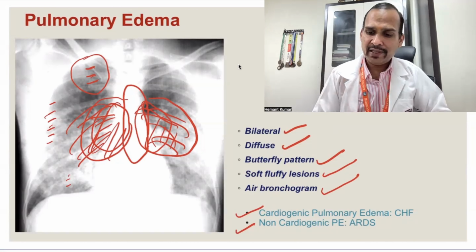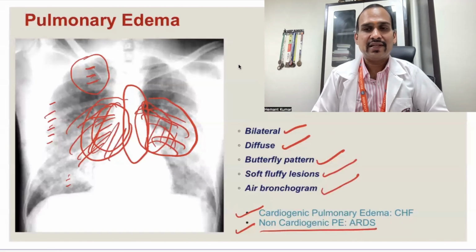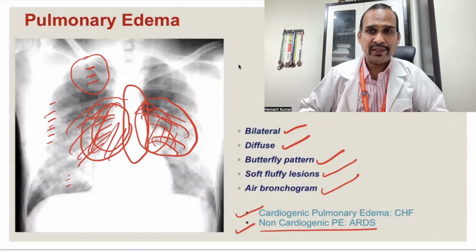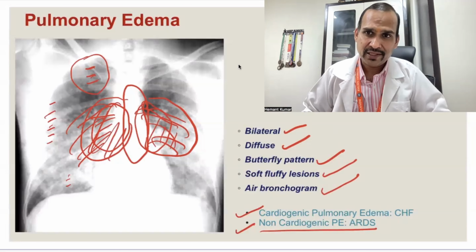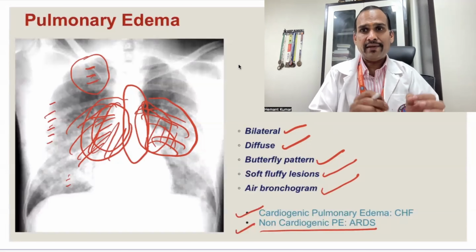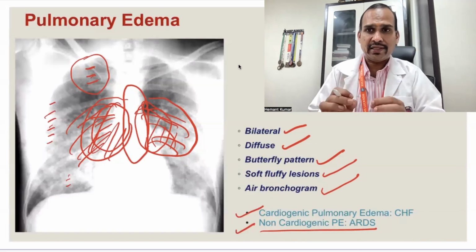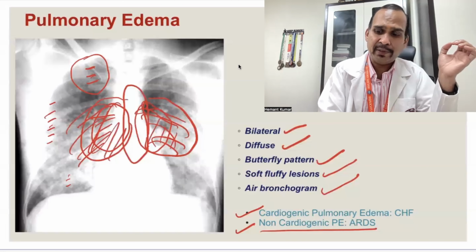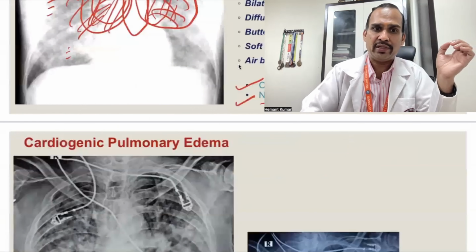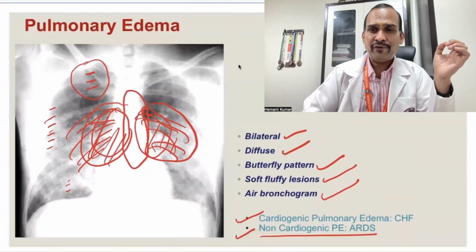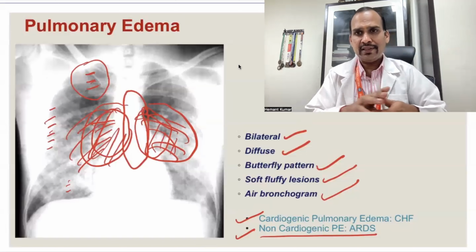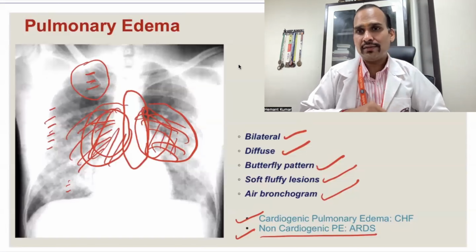Another type of pulmonary edema is non-cardiogenic. This is because of leaking capillaries due to inflammation. It causes ARDS. Clinically and radiologically, it is very difficult to differentiate between cardiogenic and non-cardiogenic, but you can differentiate by a few means. You can get a 2D echo.